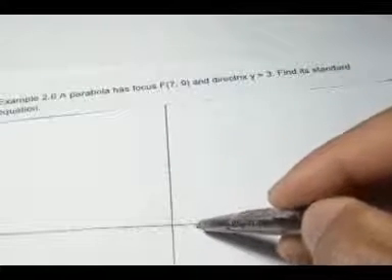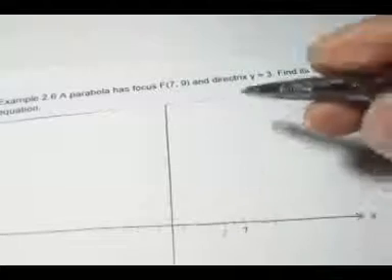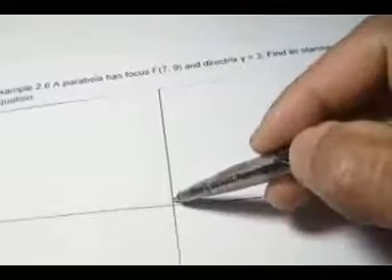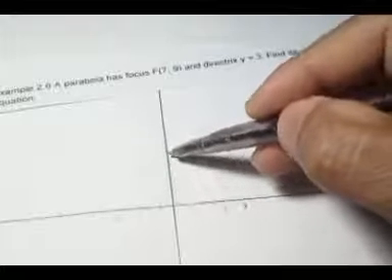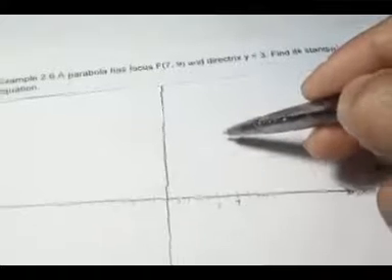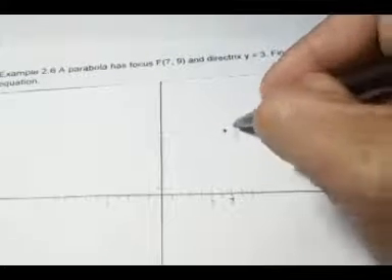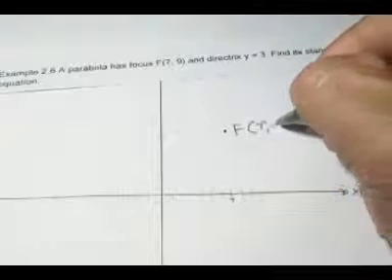Let us count. 1, 2, 3, 4, 5, 6, 7. This is 7 and 9. 1, 2, 3, 4, 5, 6, 7, 8, 9. So this is our focus, F is (7, 9).